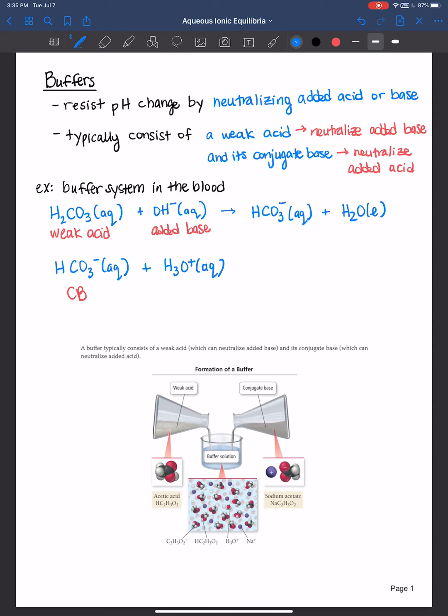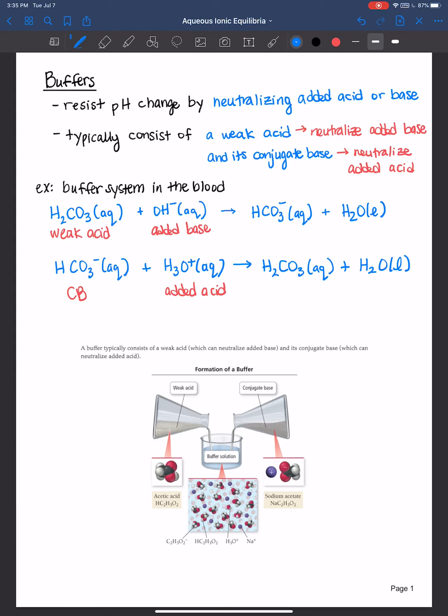That represents the added acid. Bicarbonate is acting as a base. It's accepting a proton and it turns into H2CO3, its conjugate acid, carbonic acid. And the hydronium ion is the acid donating that proton, so it goes back to the conjugate base of the hydronium ion, which is water.